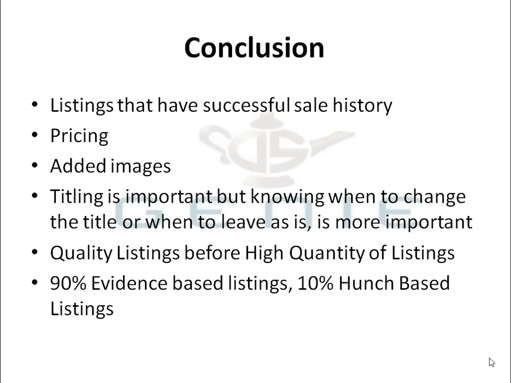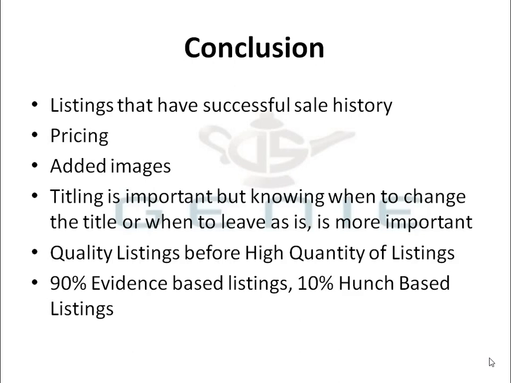So on a quick conclusion, you want to list items that have successful sales history, and those are, when talking about evidence-based listings, you want to ensure that your items are priced lower than your competing listing. You want to add more images than the competing listing.